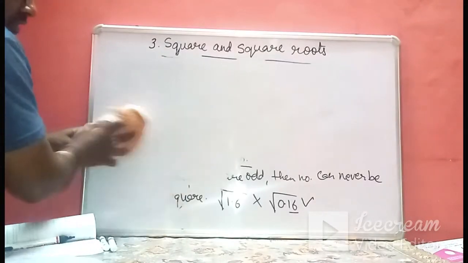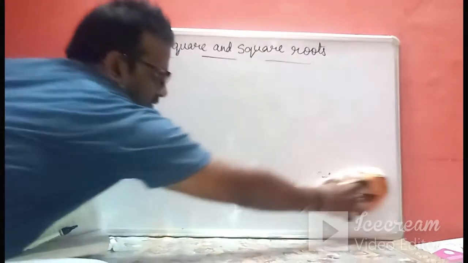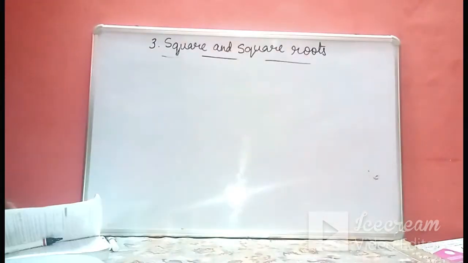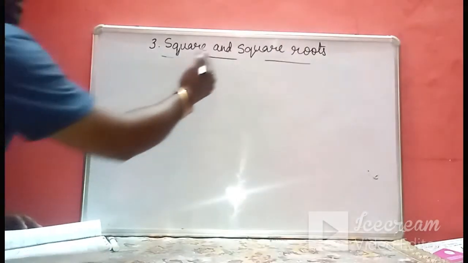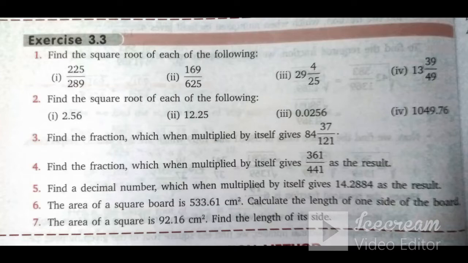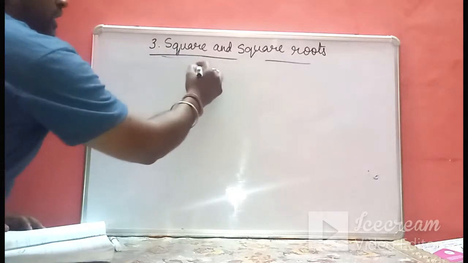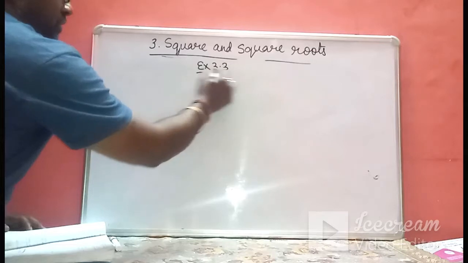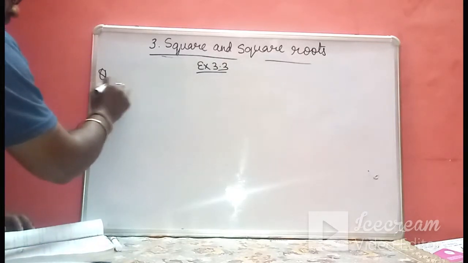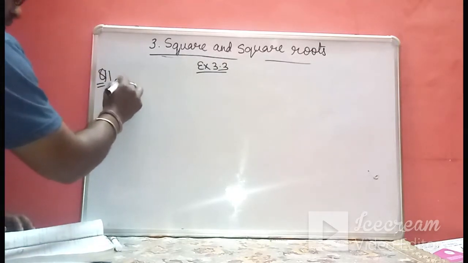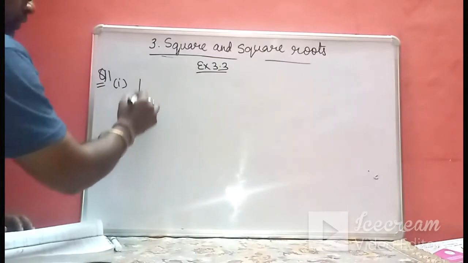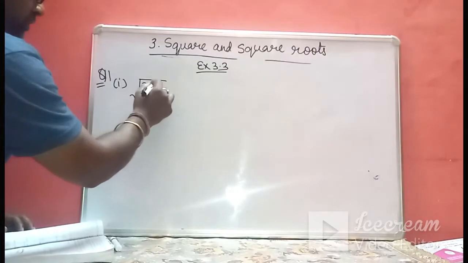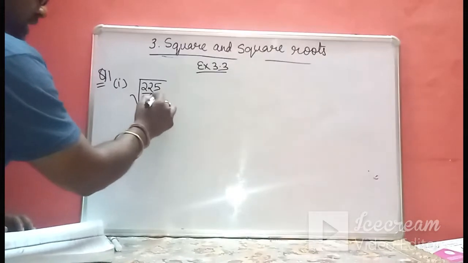Remember the concepts and properties very well so that you can easily solve the questions. So let's start with exercise 3.3, the very first question and very first part. Find the square root of 225 upon 289.